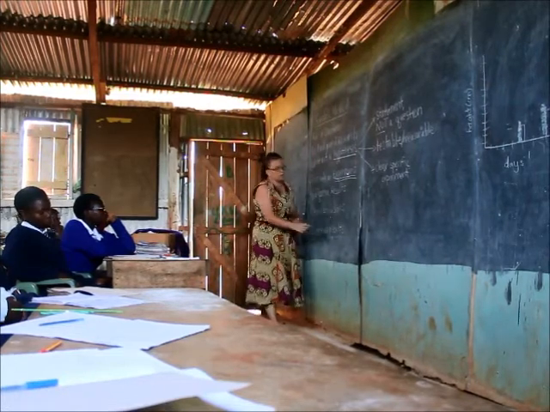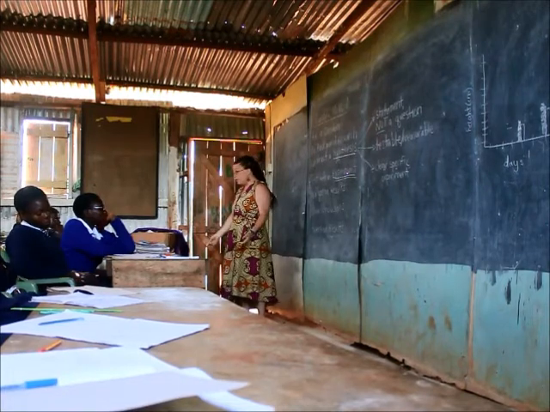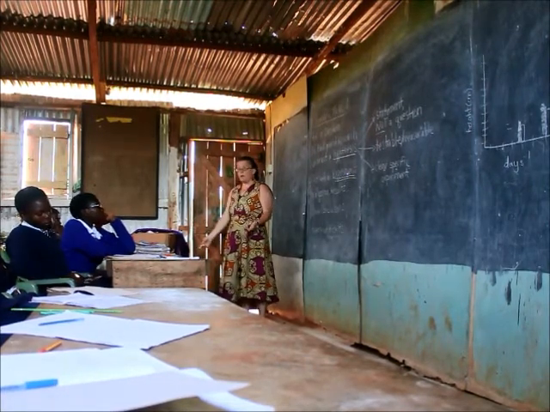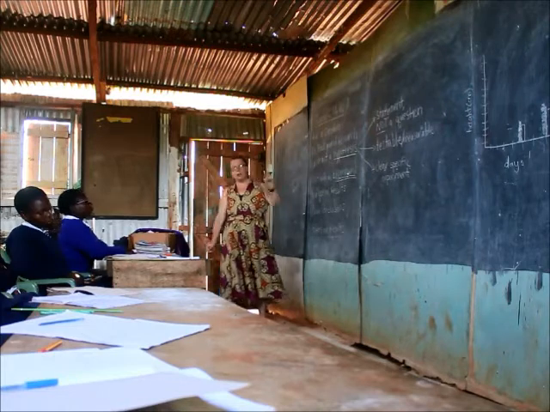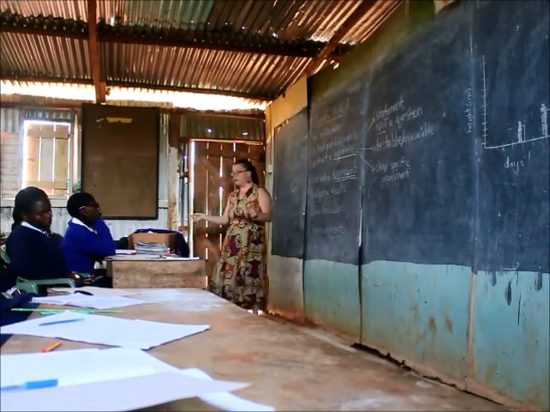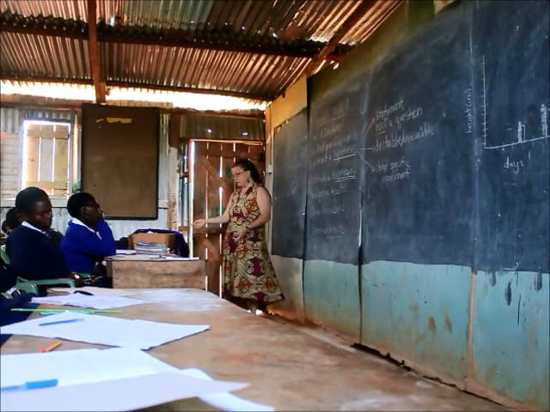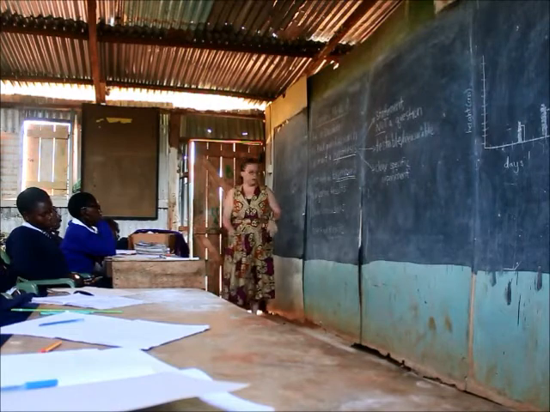So when we draw conclusions, we need to either accept or reject our hypothesis. If we have inconclusive results, or it was totally incorrect, then we would reject our hypothesis.